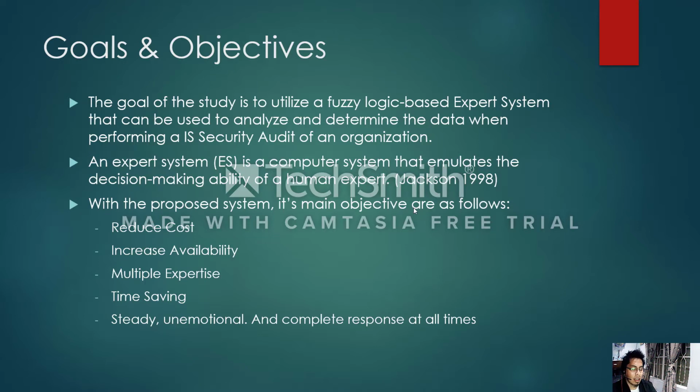Time saving, simply because it's already an automated system performing the action, so there's less room for human error, and you won't have to commit errors along the way that require correction at the end. So it's saving a lot of time for the internal IT team or for whoever is performing the audit.